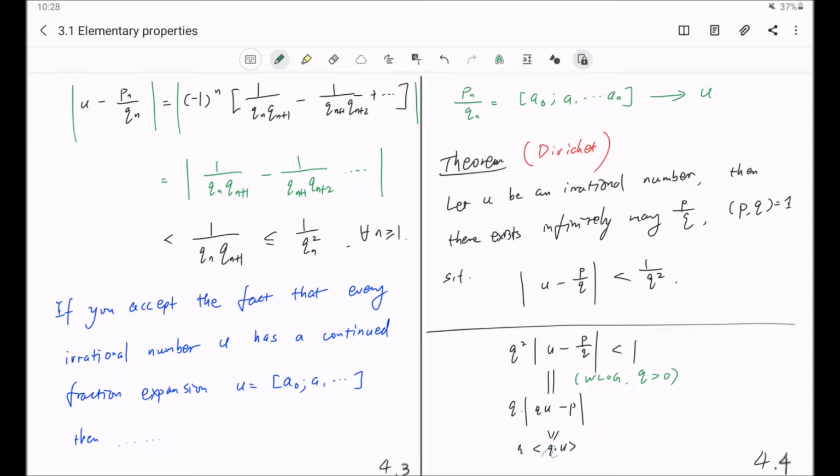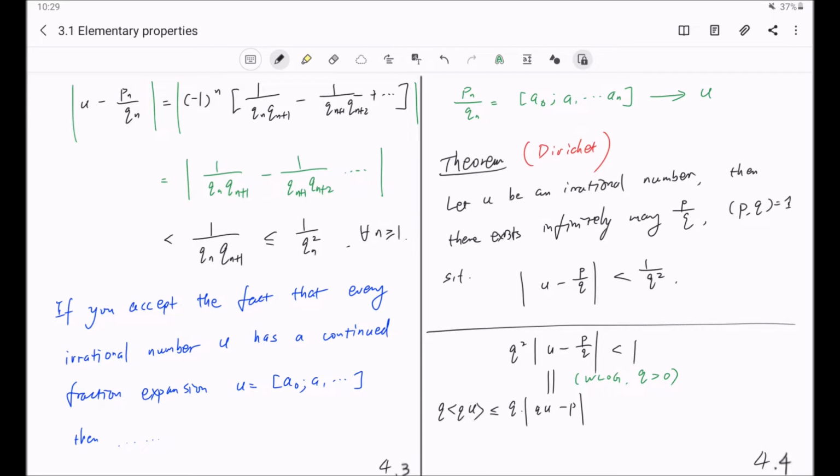So here this notation means qu minus the integer part of qu. And furthermore, this part can be further bounded below by this. This guy is greater or equal to q times the decimal part of qu.